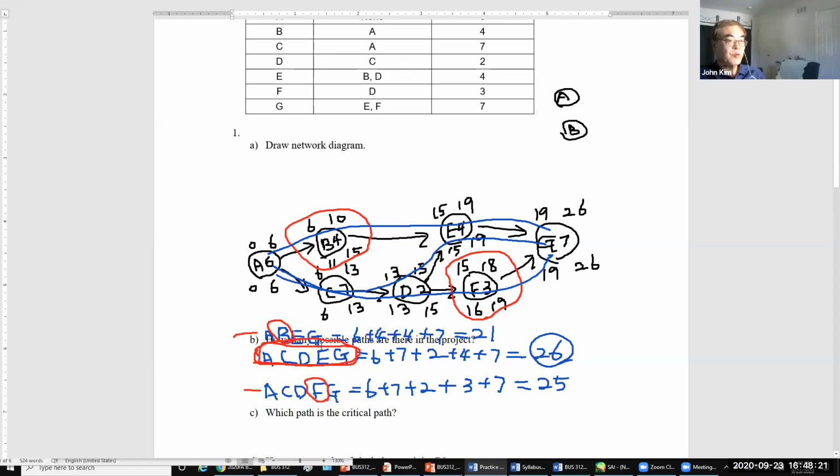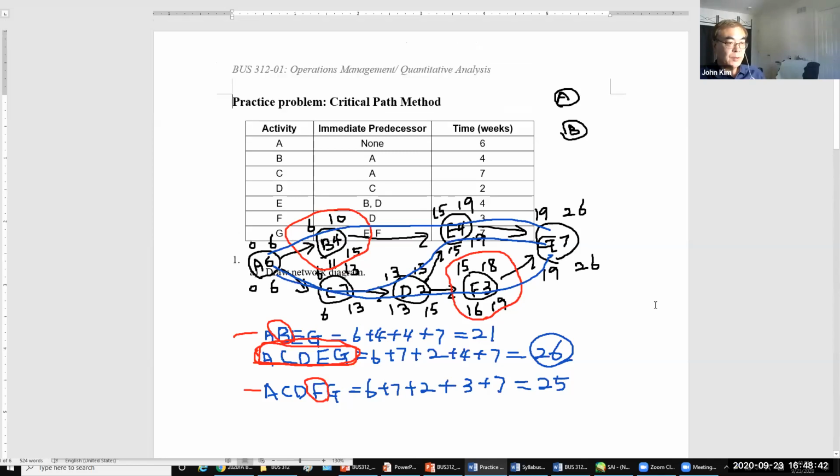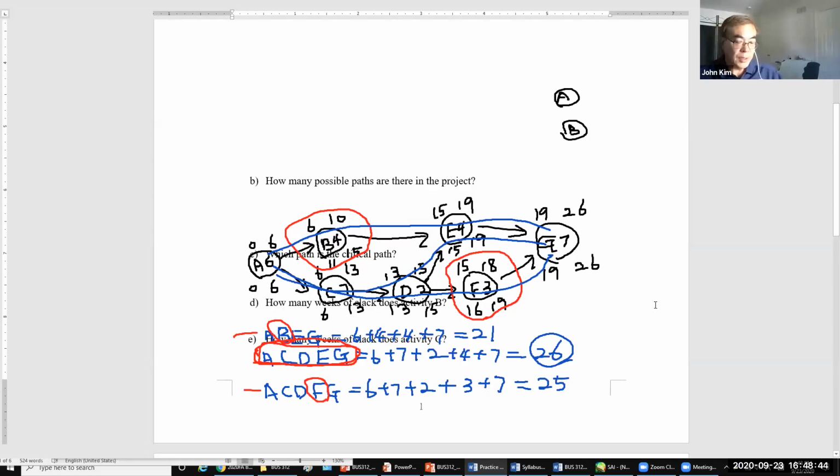Just determine which one is critical path using this method, okay? If I give you more, then it will be more complicated. So do you have a question? Any question?